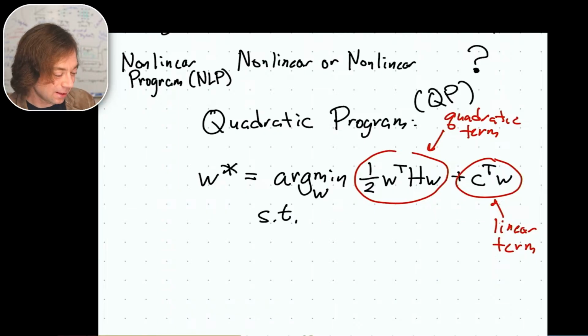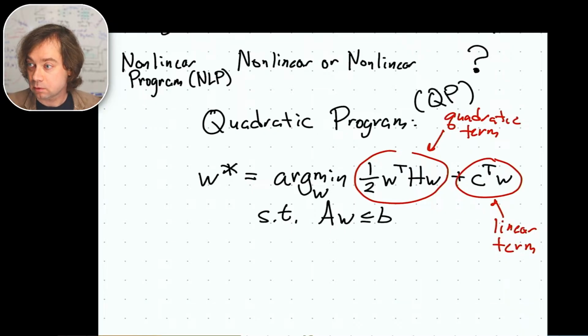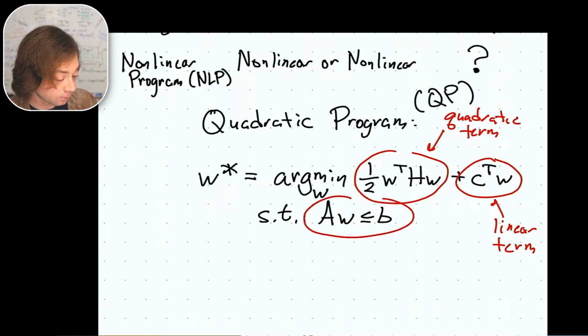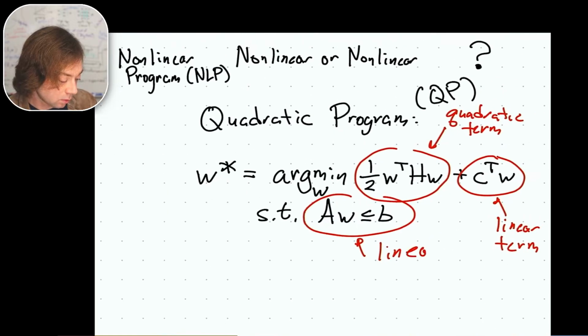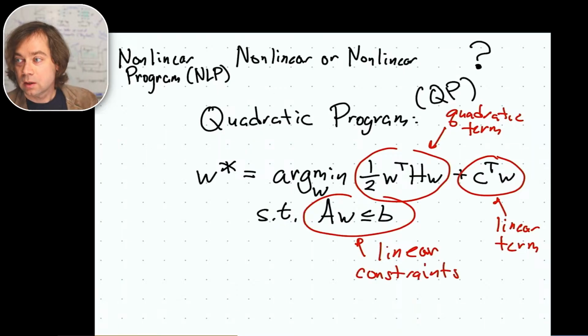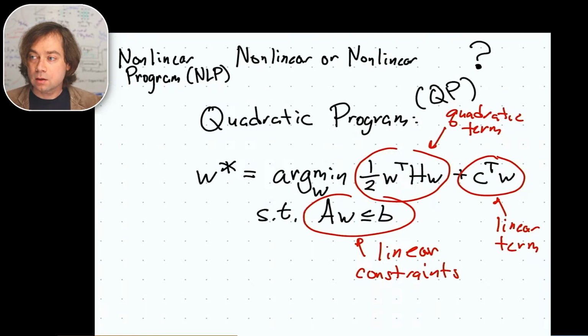They're linear. And we can write those linear constraints as AW is less than or equal to B. Same exact form as our linear constraints from our linear program, right? So our linear constraints. Okay. That's a QP. That's what a quadratic program is, okay?